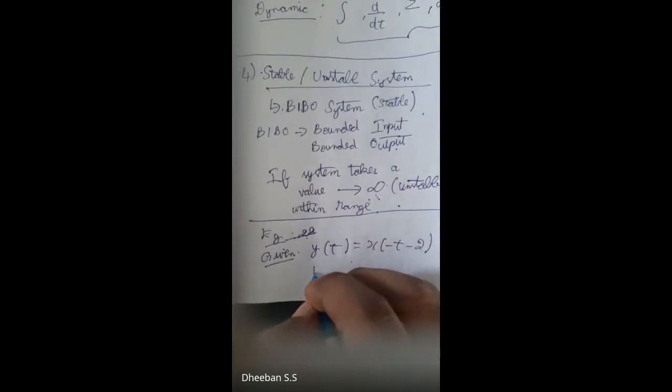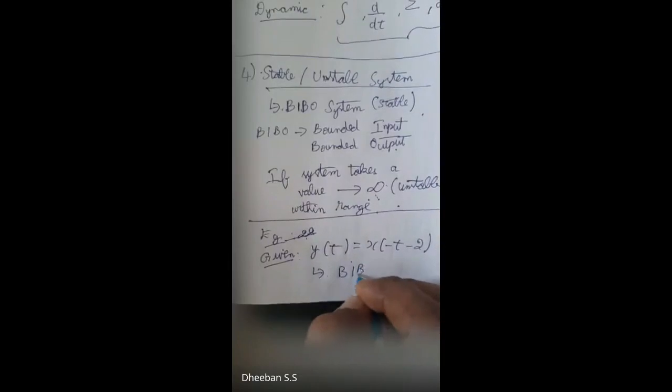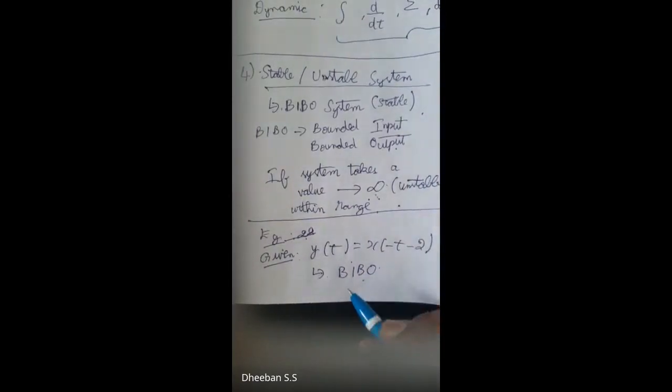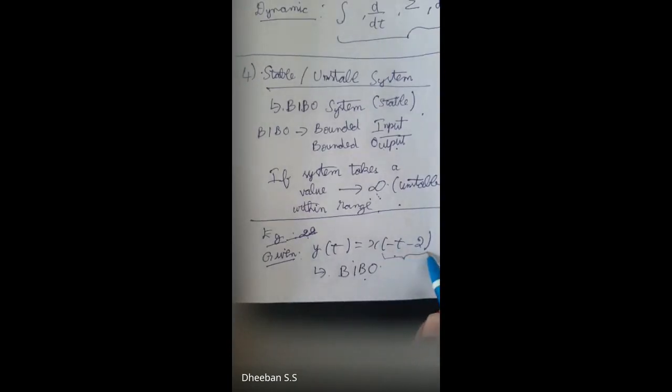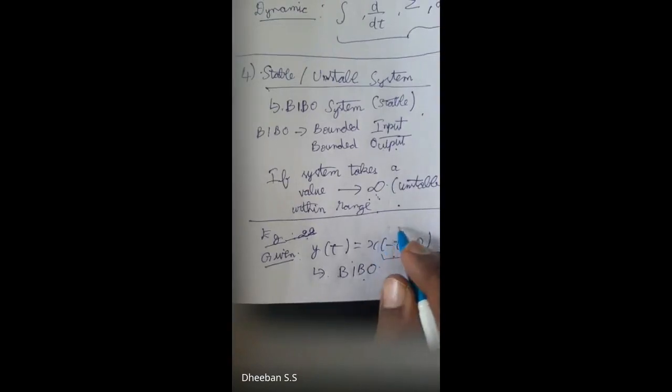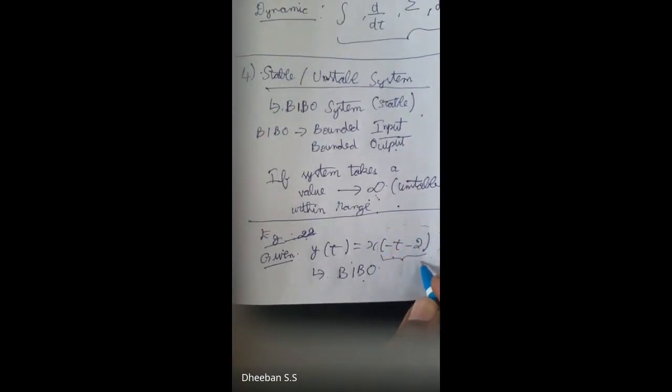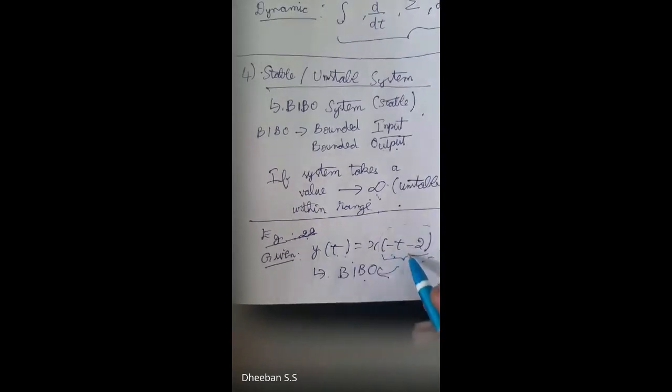So you can say the system is a BIBO system. How? This is a bounded input, so the input is varying within the range. For example, if I get any delayed signal or any positive signal, like t plus 2, it comes under the BIBO system. Here it is defined for any value; if you put 0, you will get x of minus 2. So it is a defined system, and it will come under the BIBO system. Okay.